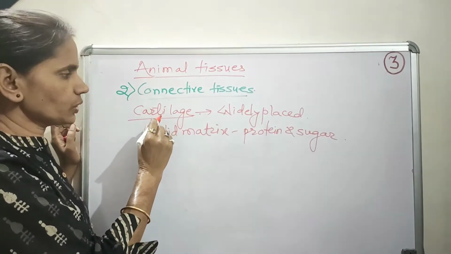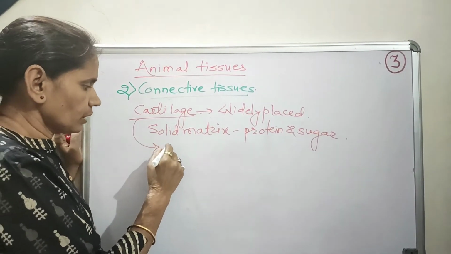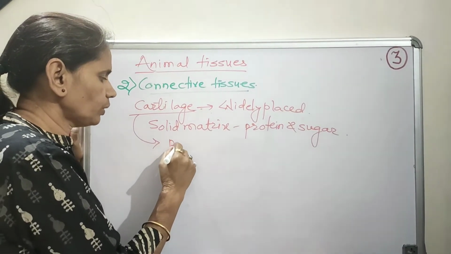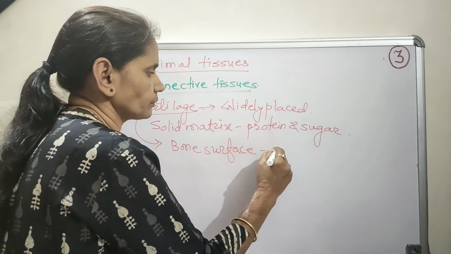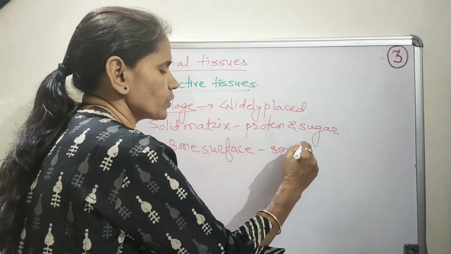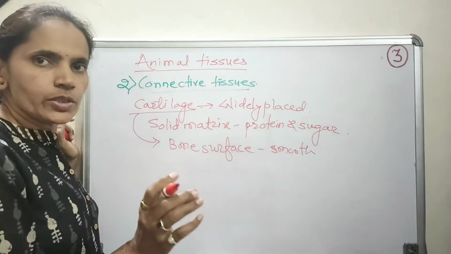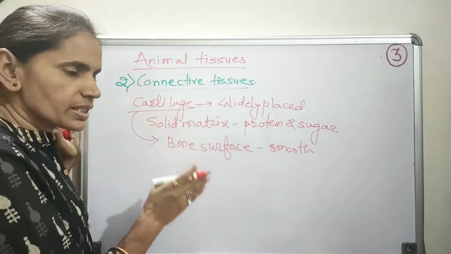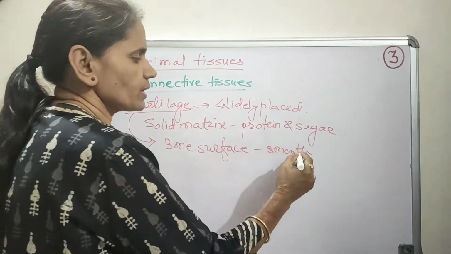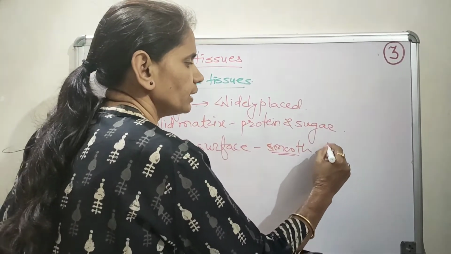This cartilage tissue makes the bone surfaces smooth at the joints. So wherever there are joints of two bones, at this joint the cartilage is present so that the bone surfaces are made smooth at the joints.